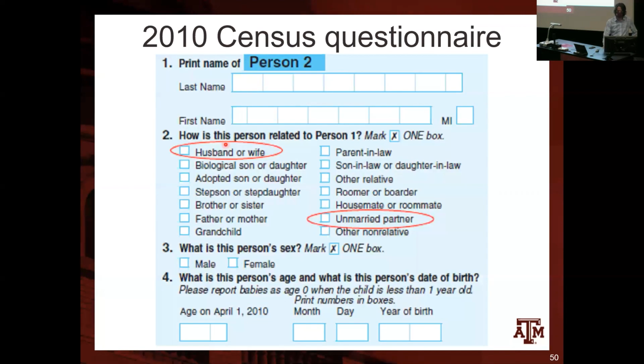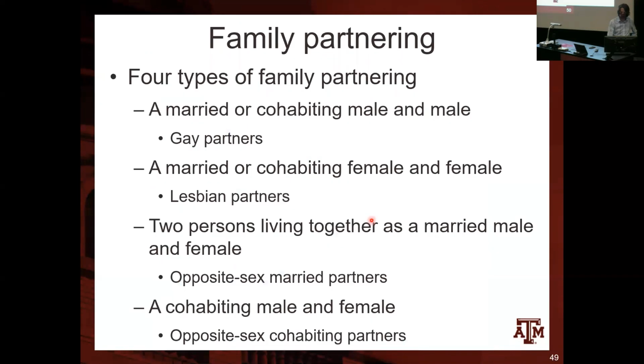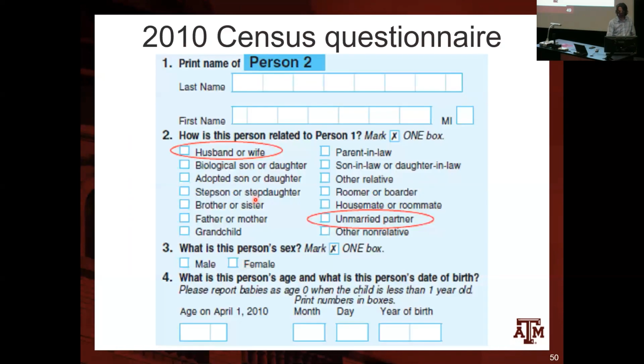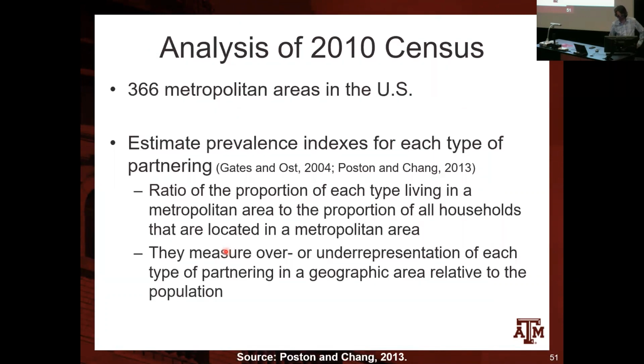If in that household both of them are female, and person 2 is the wife of person 1 or the unmarried partner of person 1, we're going to have a lesbian partner household. So with these really simple questions about the relationship that person 2 has with person 1 and the sex of both of these persons, we can classify the families in the US.